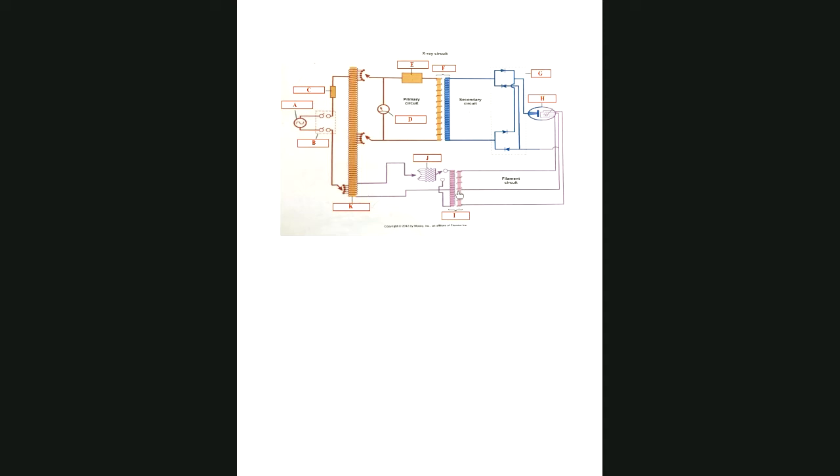But the kV is actually our measurement of the energy of the X-rays that we produce. So we say like a 69 kV X-ray or 70 kVp X-ray, but that's the peak energy of that beam.